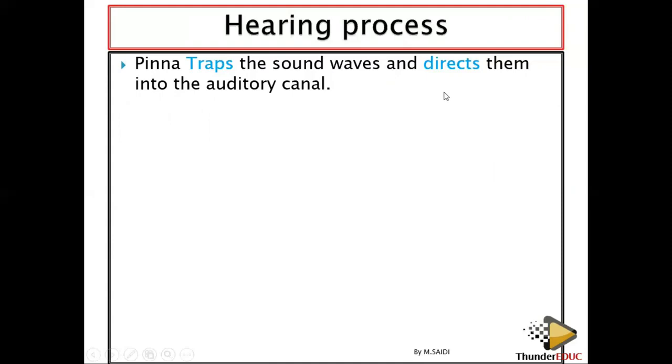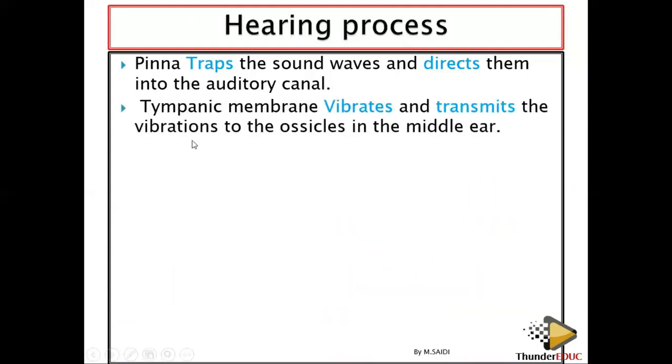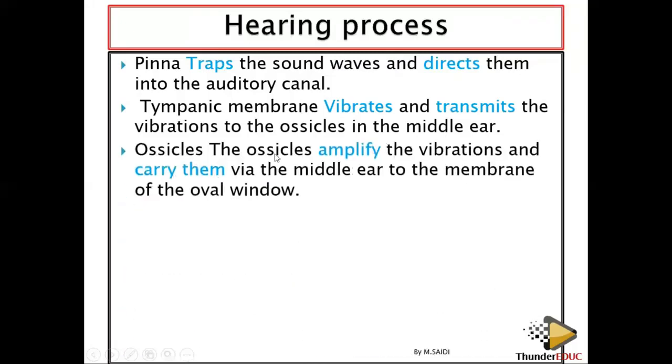The sound waves are directed into the auditory canal. This causes the tympanic membrane to vibrate, and it transmits the vibration to the ossicles, which are the three bones in the ear. The ossicles amplify and then carry the vibration to the middle ear via the oval window.